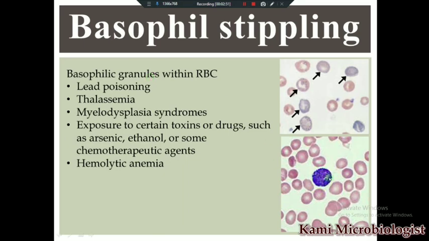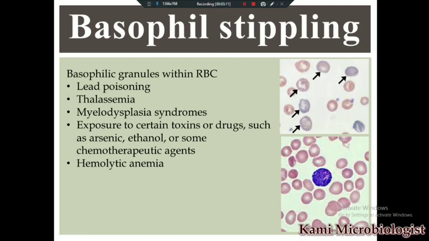One thing more: basophilic cells have granules. As you can see, the small circles are the granules inside. So when basophilic granules are present within the RBC, as you can see here, we call that RBC basophilic stippling.